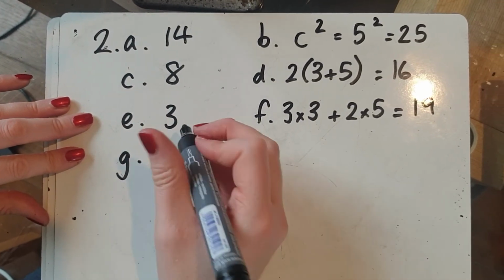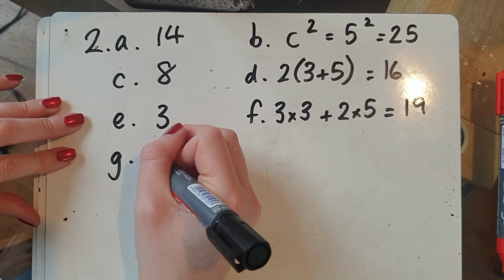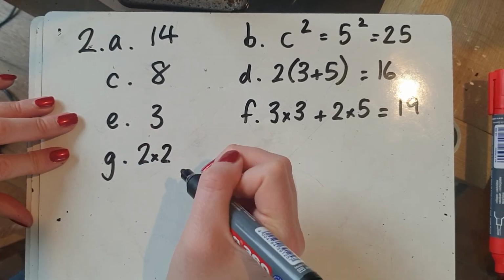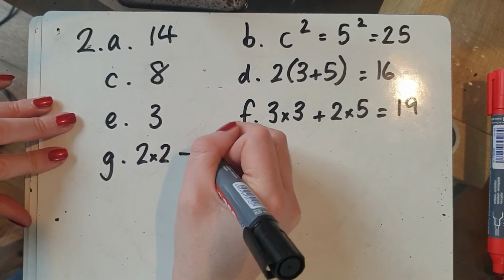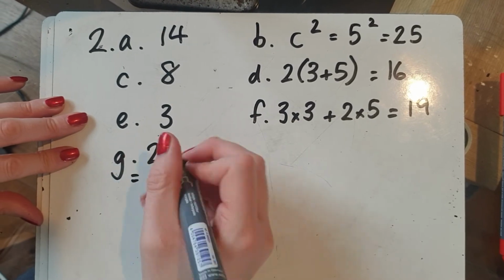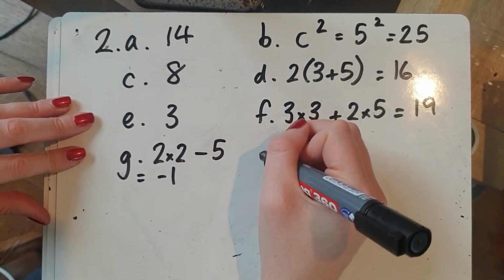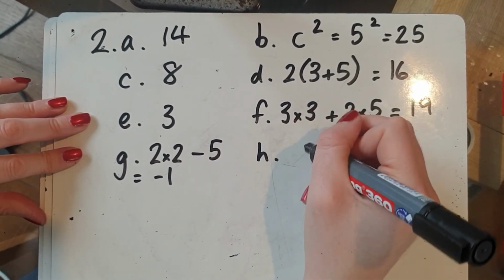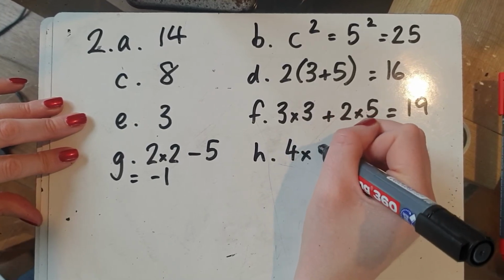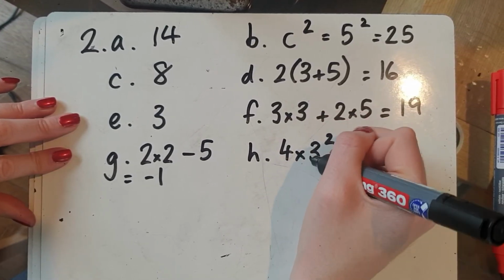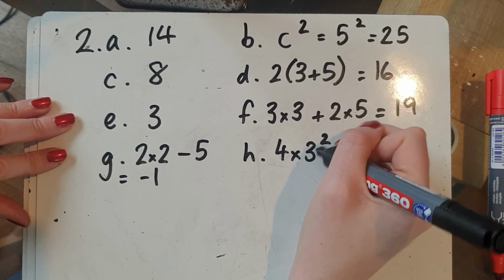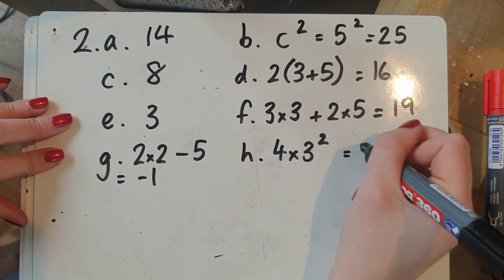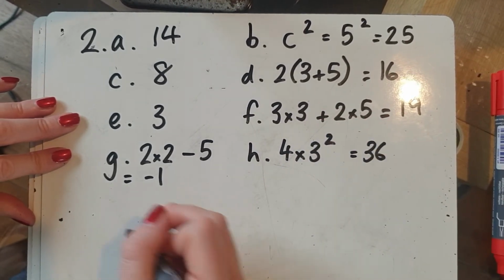Part G, you've got 2b, so 2 times 2, minus c, so minus 5. So you've actually got 4 minus 5, which is negative 1. H is 4a squared, so 4 times 3 squared. You square 3 first, which gives you 9, and then multiply it by 4 to get 36.